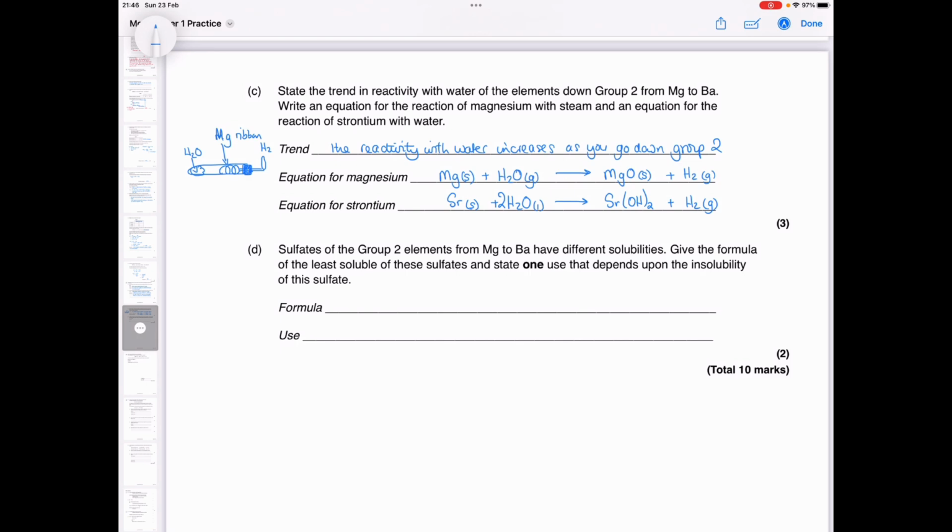And so the formula of the least soluble sulfate is barium sulfate, and it's used as a barium meal, given to make soft tissue appear visible on an X-ray. An example of soft tissue might be the digestive system.